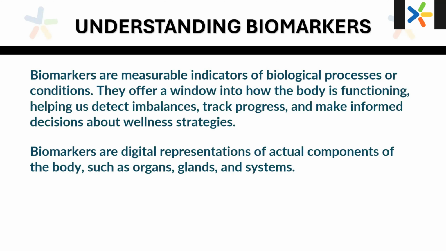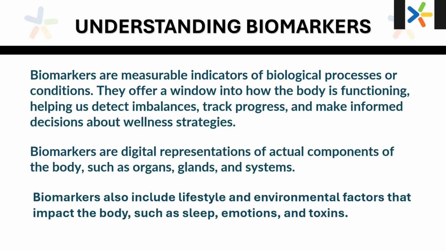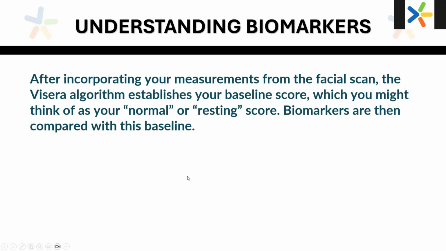Biomarkers are digital representations of actual components of the body, such as organs, glands, and systems. They also include lifestyle and environmental factors that impact the body, such as sleep, emotions, and toxins. After incorporating your measurements from the facial scan, the Visera algorithm establishes your baseline score, which you might think of as your normal or resting score.